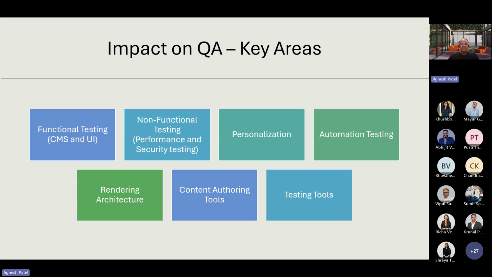So I'm not going to cover in detail for those. Personalization, automation testing, rendering architecture, content authoring tools, and the overall testing tools. So these are the things which are going to be impacted by this shift from Sitecore technology.